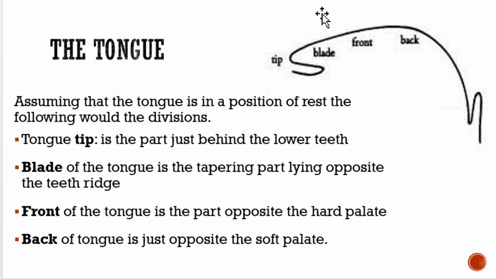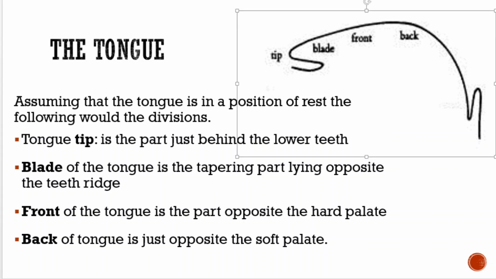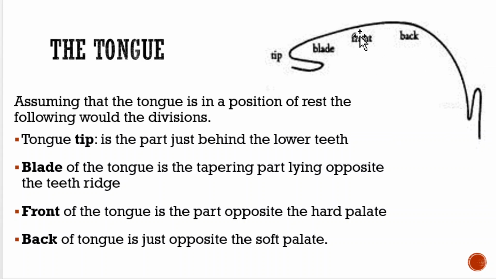The roof of the mouth has the hard palate here and the soft palate here. The part just below the hard palate is called the front of the tongue. And the part below the soft palate is called the back of the tongue. These labels become very essential when later on we look at the vowels. When we classify vowels, we talk about front vowel and back vowel, etc. So front and back, those are the different parts of the tongue.